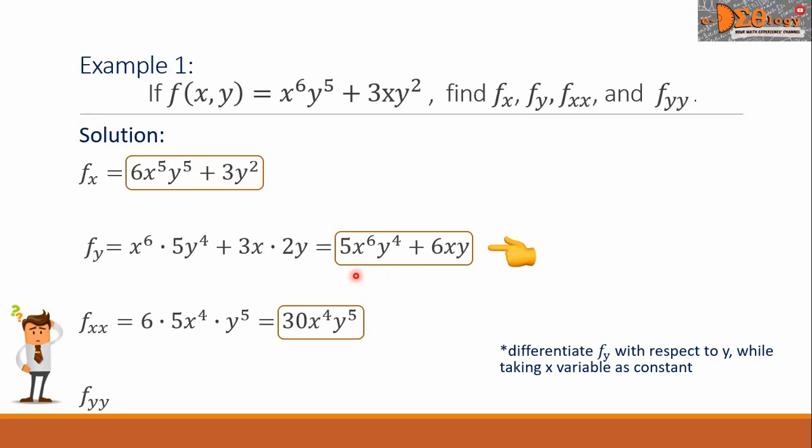So the derivative is 5x raised to 6, that is considered constant, so we copy it here, times derivative of y raised to 4, that is 4y cubed, plus derivative of 6xy with respect to y. So we have 6x. Simplifying this, we have 20x raised to 6 y cubed plus 6x. This is the final answer.